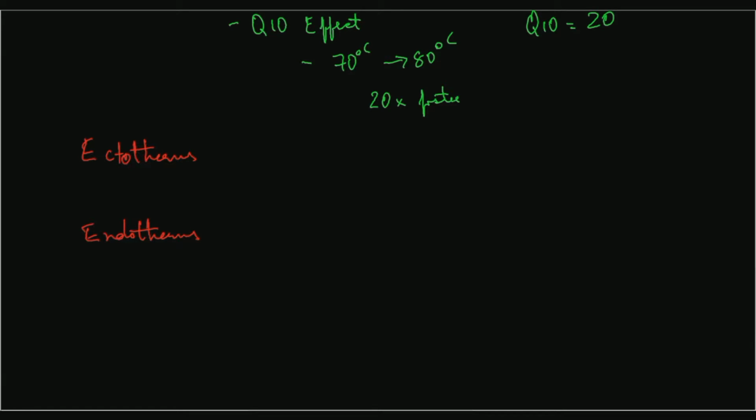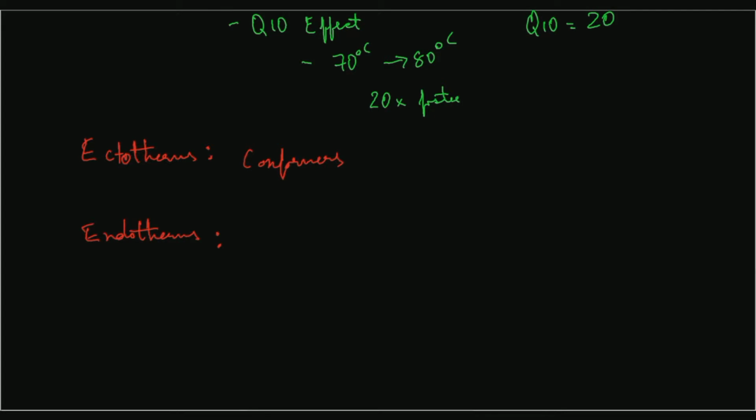A cool way to remember this, it works for me: ecto means outside, so ectotherms would be conformers.